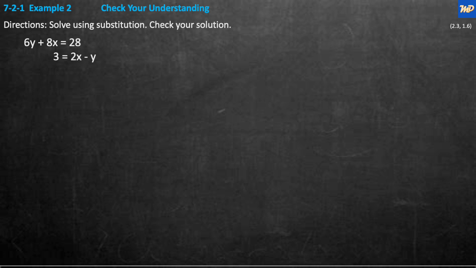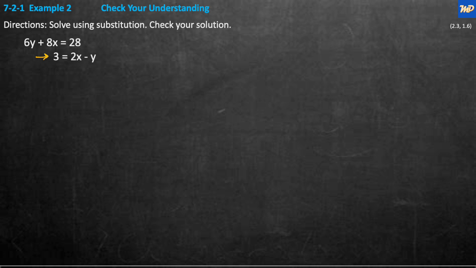So we're going to have to figure out what we want to work with as our first equation. Step 1, right? We're going to look for the easiest equation, and the easiest one is the one with the negative y term. We're going to solve that for y. So we're going to move the negative y to the left-hand side, and we're going to move the 3 to the right-hand side.